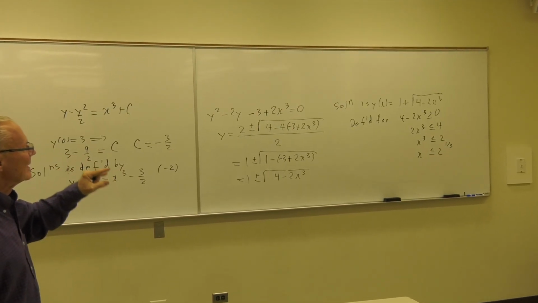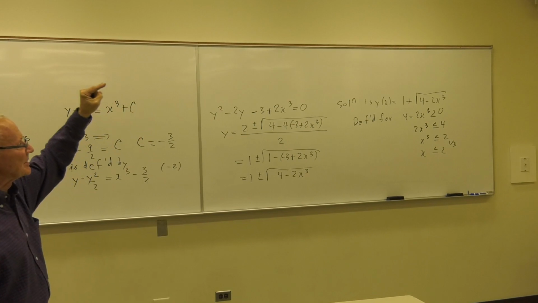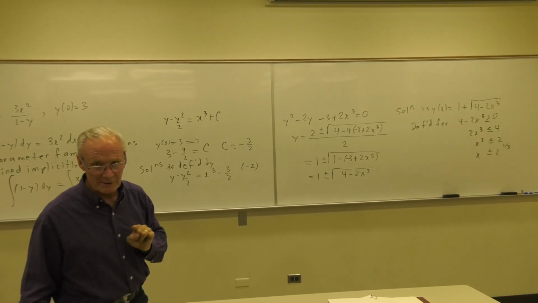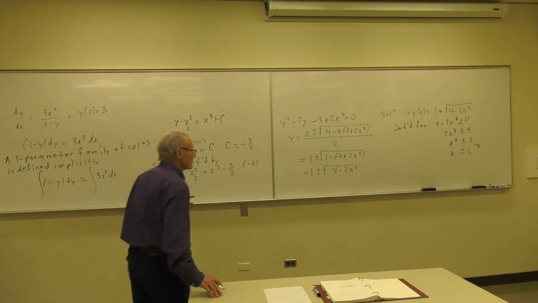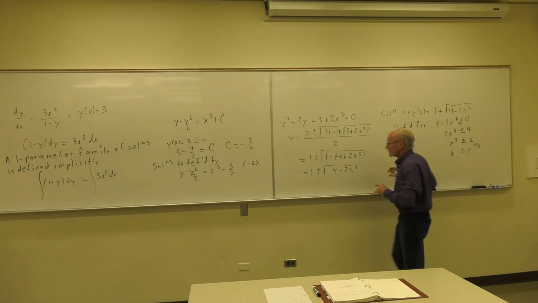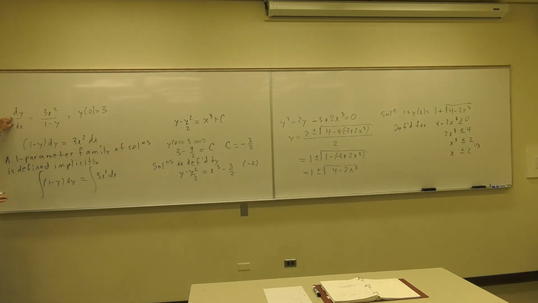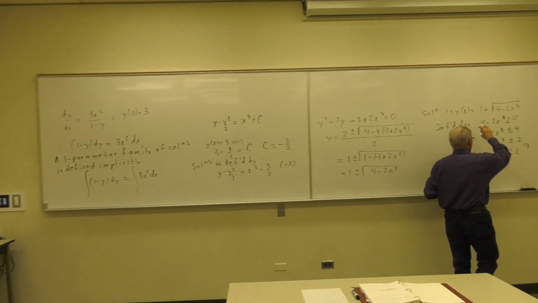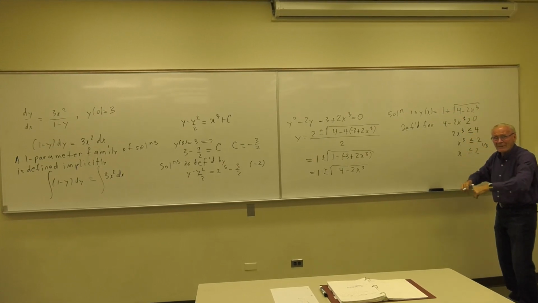Is that the domain of validity for this function as a solution of that differential equation? The answer is not quite. Why not? If you were to put that function back into this differential equation and you looked at the left-hand side, it says take the derivative. If you take the derivative of this, that square root is going into the denominator.